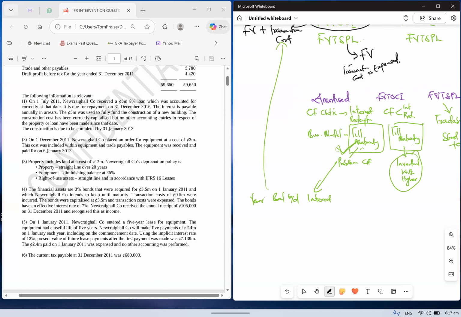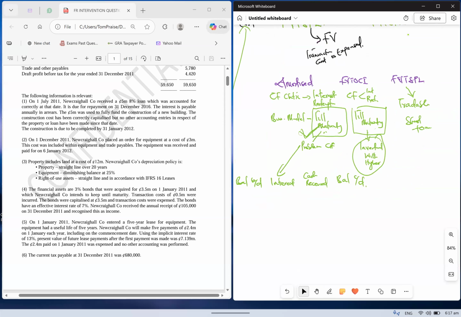Then cash received, how much you have received, and balance carried down. So this is it. If it is with fair value, after the balance carried down, the examiner will give you another fair value. So the difference between your balance carried down and the fair value he will give you at the end of the year will be going to your OCI. All right. That's why we call it fair value through OCI.